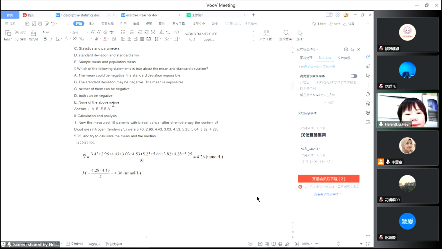Okay, 9. We have to choose A, okay? I forgot to delete the answer. But please pay attention to which of the following statements is true about the mean and the standard deviation. So the mean could be negative. The standard deviation cannot be negative, so that is true. Why?